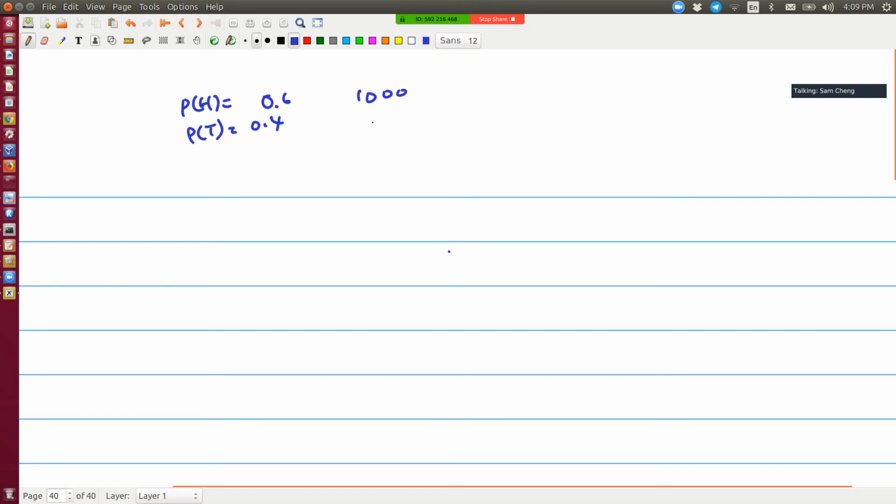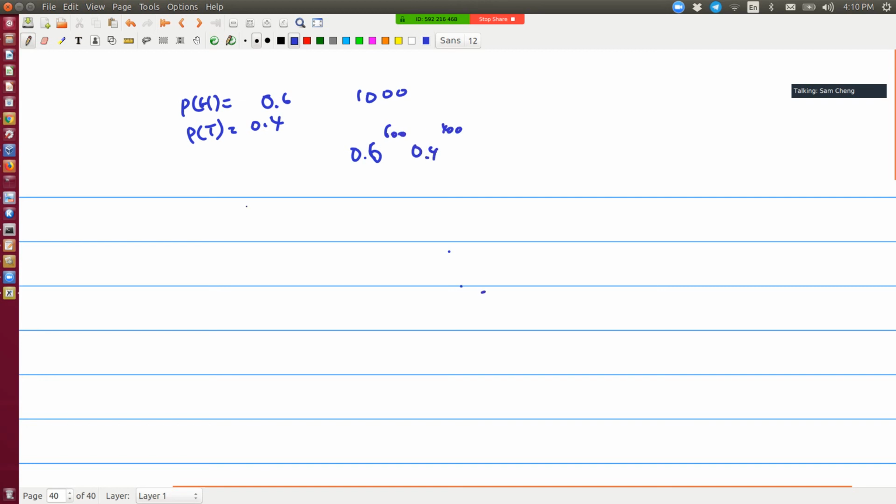In this case, the typical one will be that I approximately get 600 heads and 400 tails, right? And the probability of getting a particular sequence that has 600 heads and 400 tails will be 0.6 to the power 600 times 0.4 to the power 400, right?